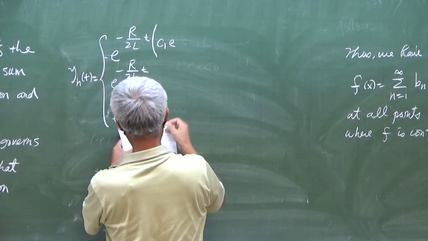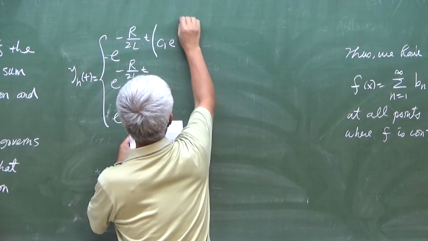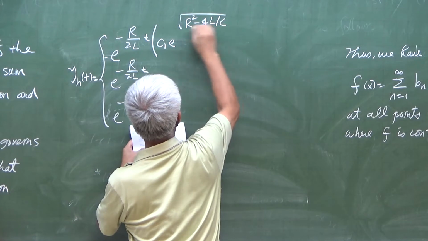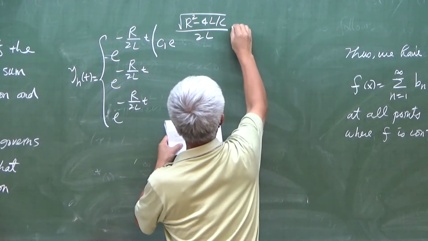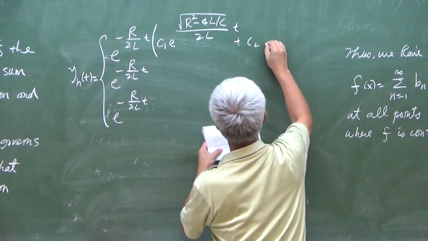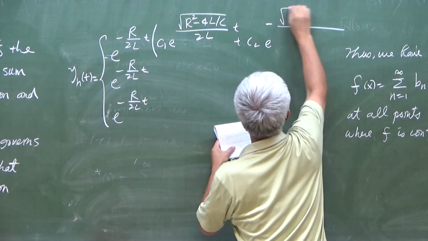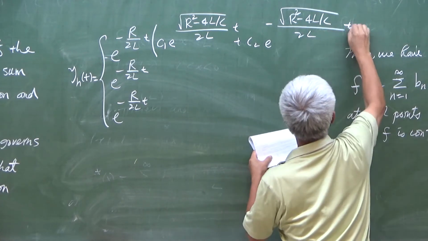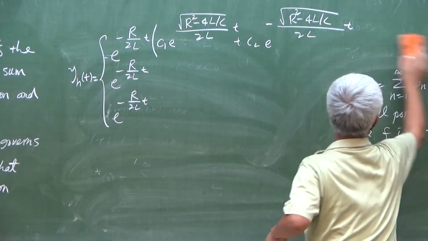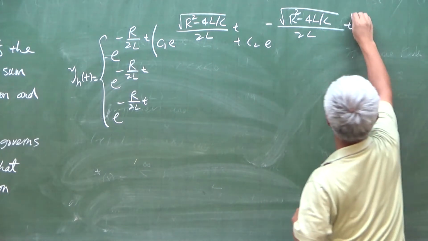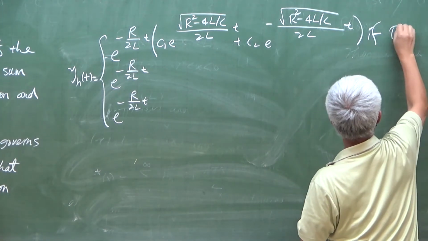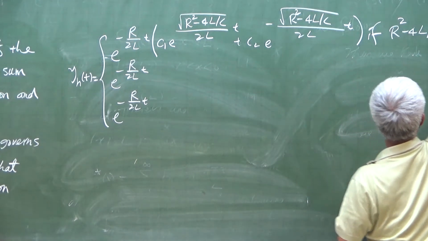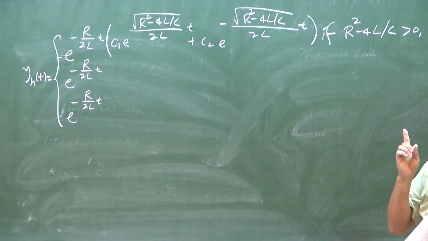C1 exponential of (minus R plus or minus square root of R squared minus 4L over C) divided by 2L times t, plus C2 times the other exponential, if the discriminant R squared minus 4L over C is greater than 0. This is the first case.